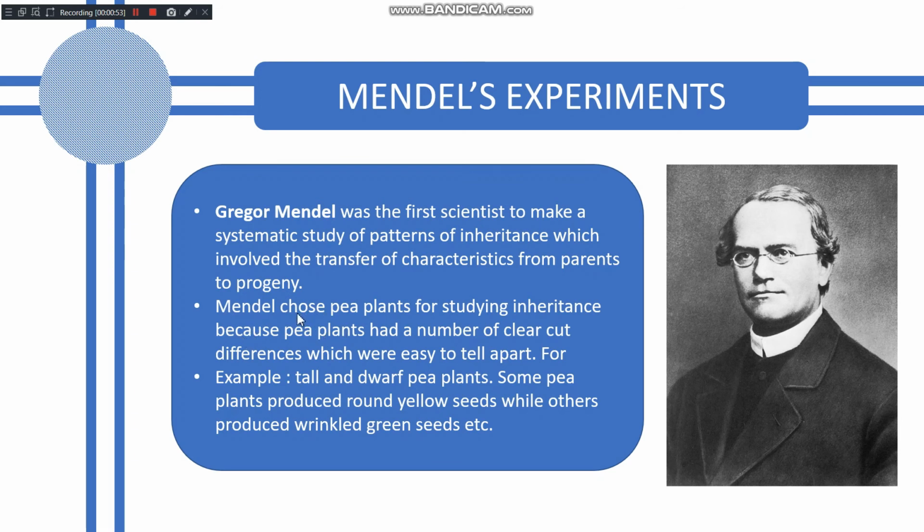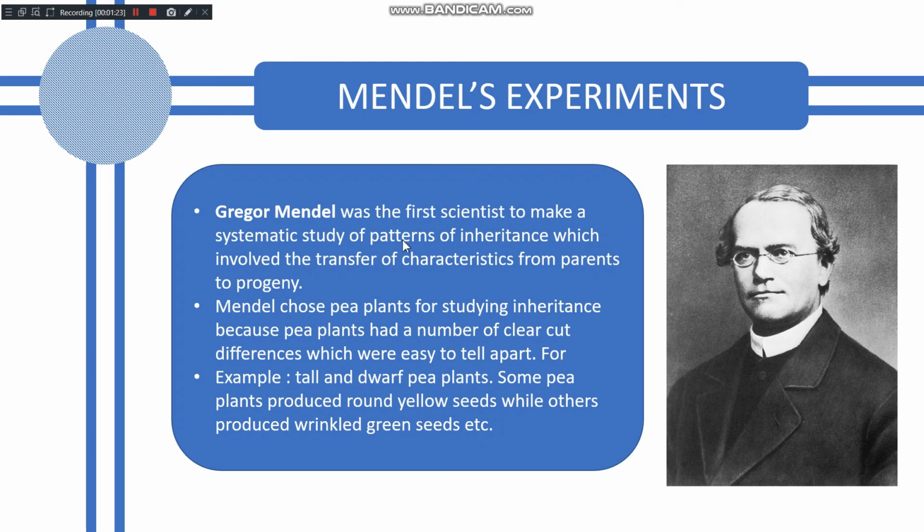There were some reasons why Mendel chose the pea plants. The first thing is that the pea plant shows so many different traits or characteristics. Like some pea plants are tall, some plants are dwarf, some pea plants produce round and yellow seeds, some pea plants show wrinkled seeds, some pea plants have green seeds.